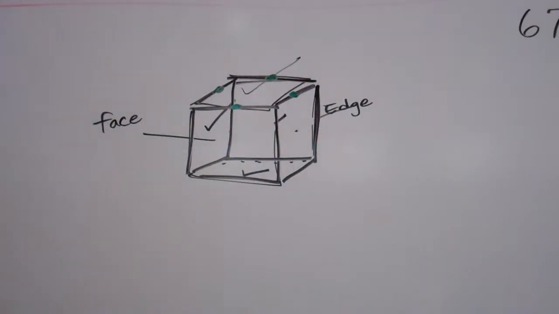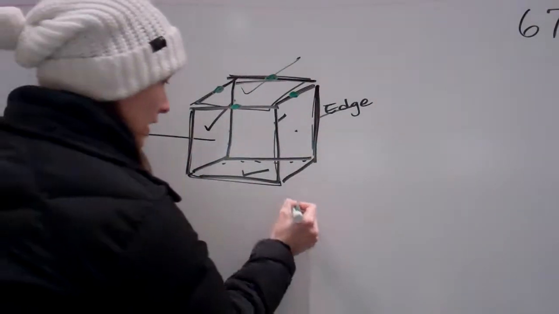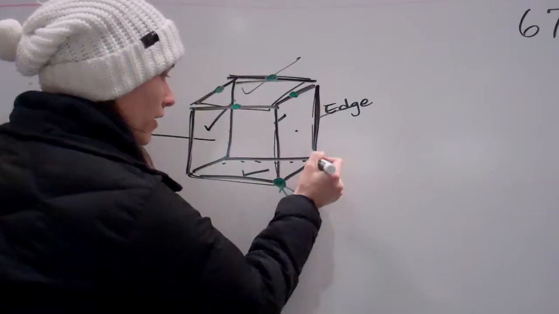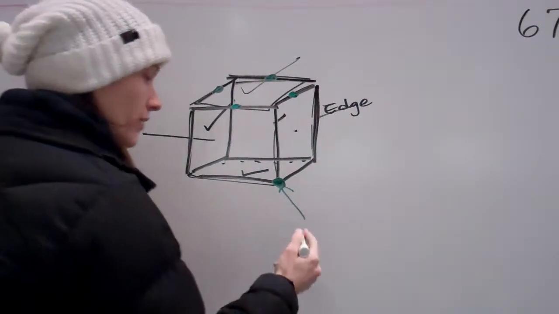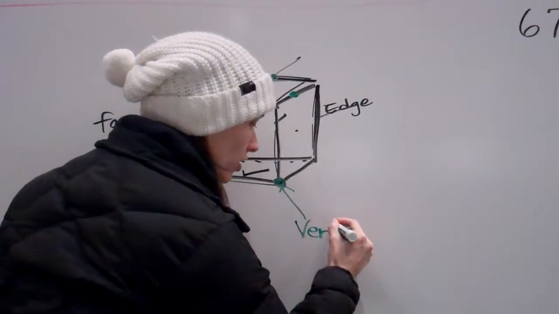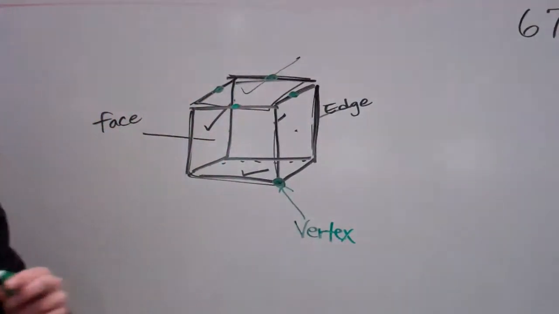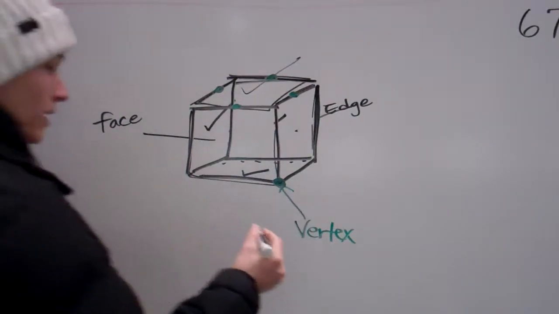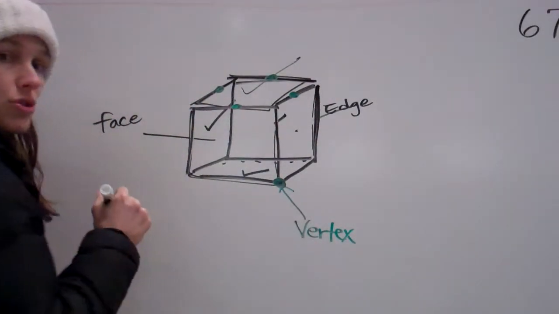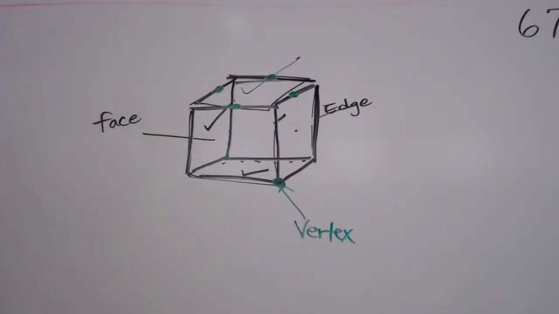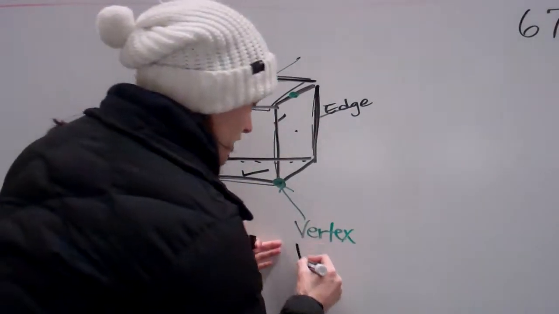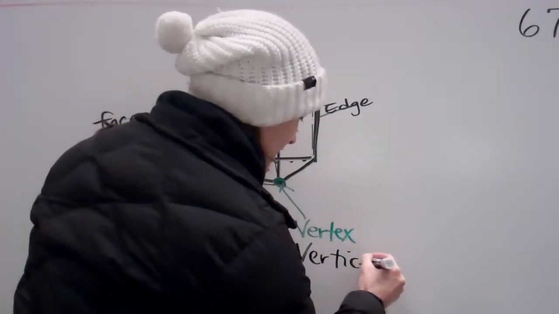All right, and then the last thing I want to talk about is the vertex, where the edges meet, where the lines meet, and it's called the vertex. Does anybody remember what the plural form of vertex is called? Vertices. Very good. The plural form of vertex is vertices.